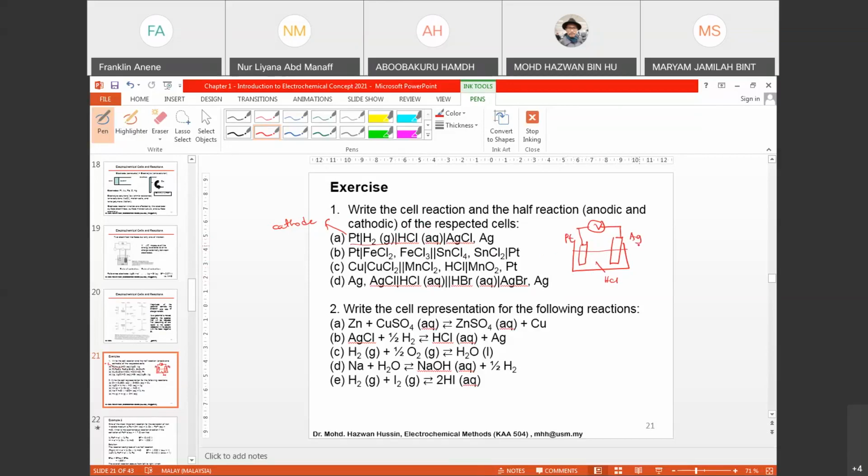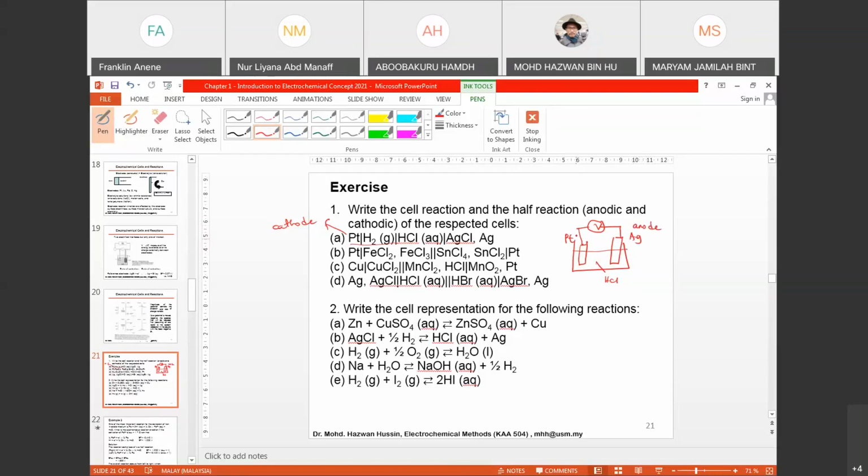Between silver and platinum, which one do you think is more reactive? This can give you an indication of which one will be anode and which one will be cathode. Of course, if you refer to this electrochemical series, silver is more negative in terms of the standard potential value, so this will be anode.